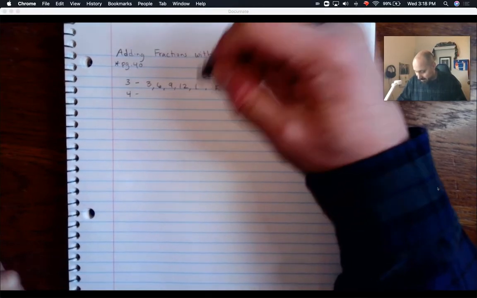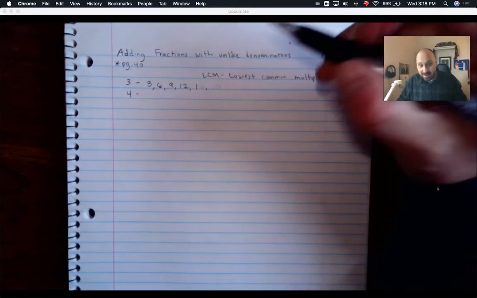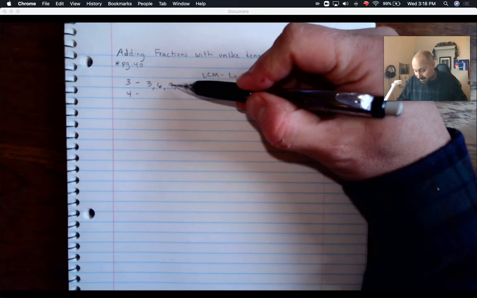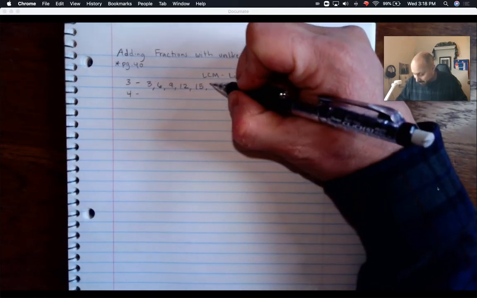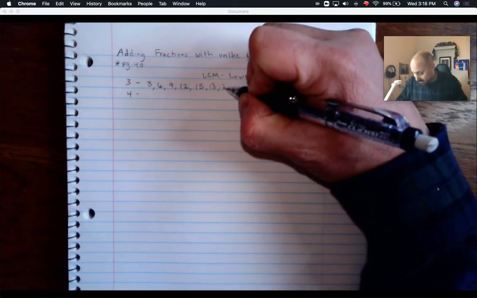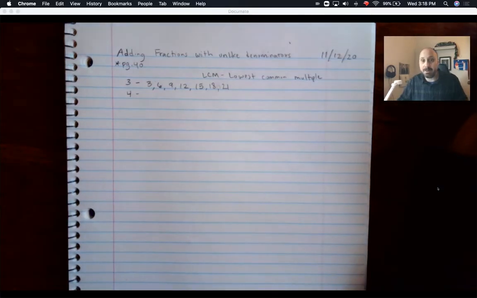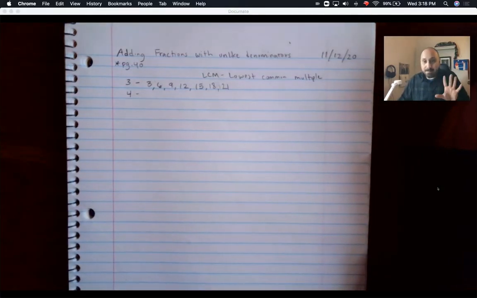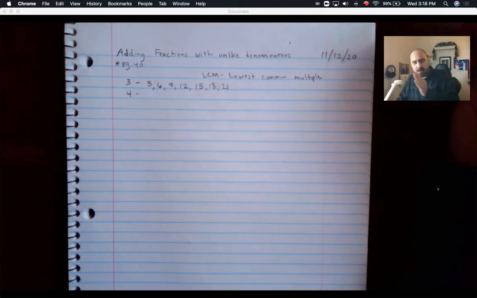Mr. McIntosh, I started counting by 4s on accident. 3, 6, 9, 12, 15, 18, 21. There we go. Where is my mind? Okay, I'm going to stop there because I think we might have a common multiple with the 4. We don't have to keep going with our 3s.